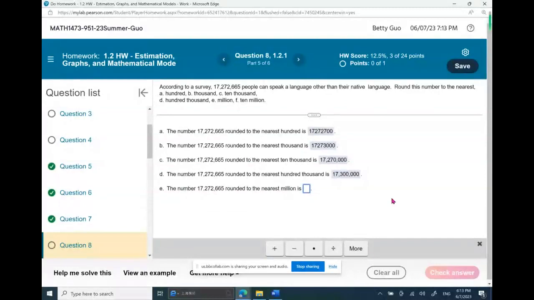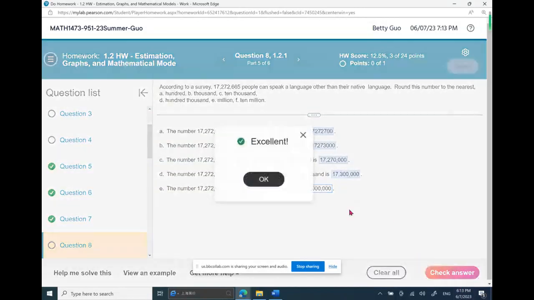So just ignore them. 17 million. 1, 2, 3. Be careful. I meant to type in comma, so do not accidentally type in a dot. If you enter a dot, then that becomes decimal, right? It is a comma. Be careful with that.